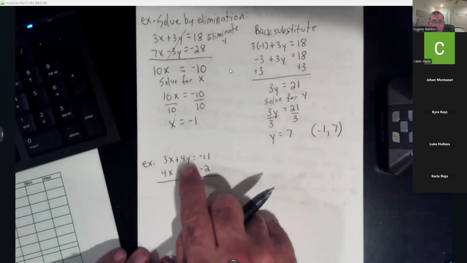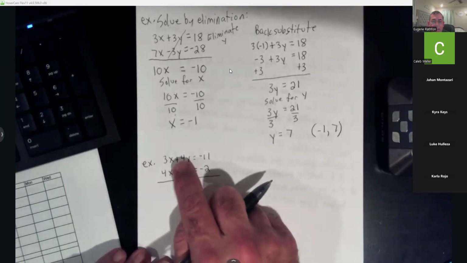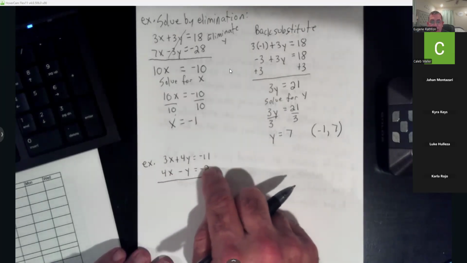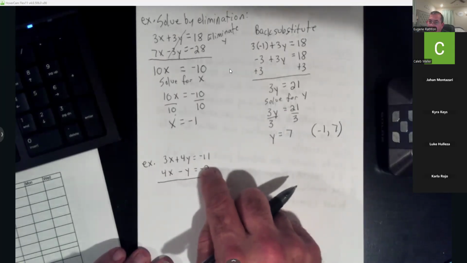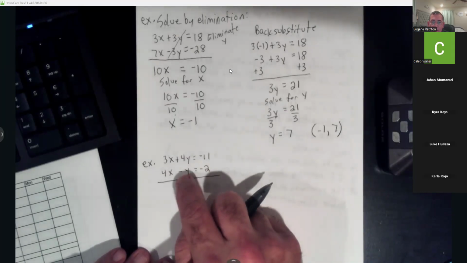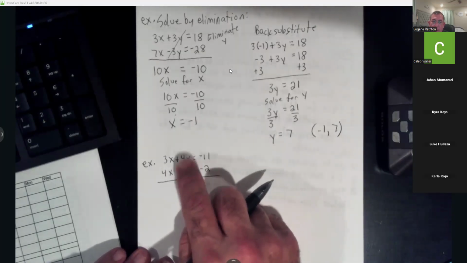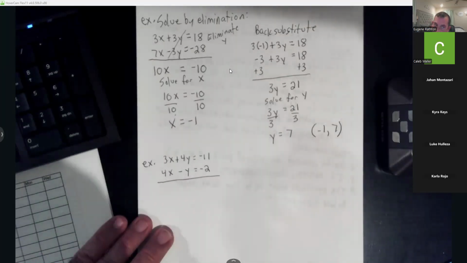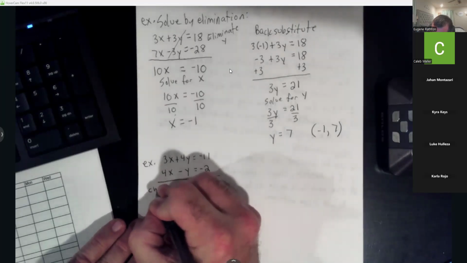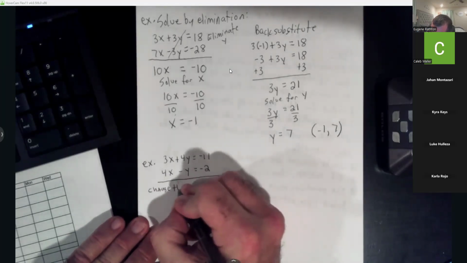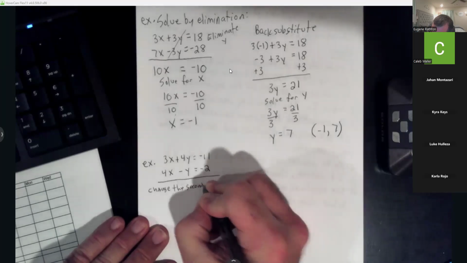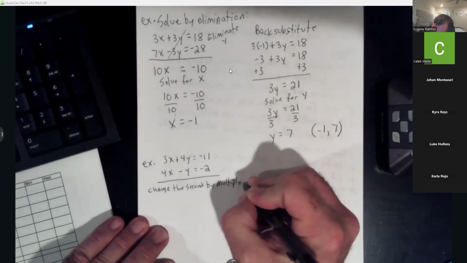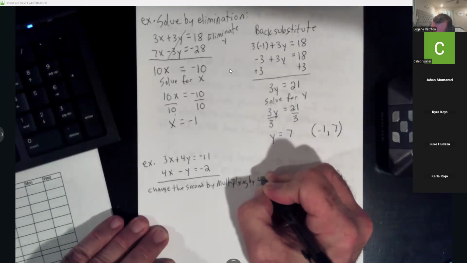But I can do the y a little bit easier because I got a 4y and a -y. If I just change this second equation by multiplying everybody by 4, I would have a 4y here and a -4y here. And I'd be able to cancel the y by just changing one row. So what we're going to do here, we're going to change the second equation by multiplying by 4.